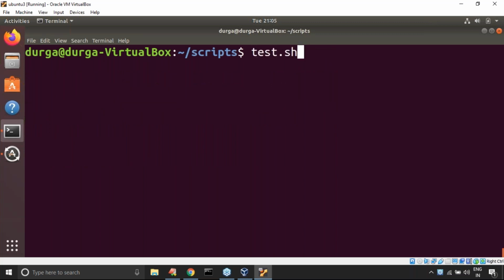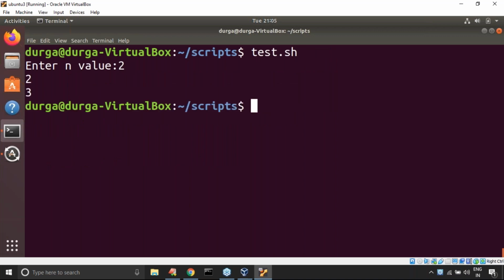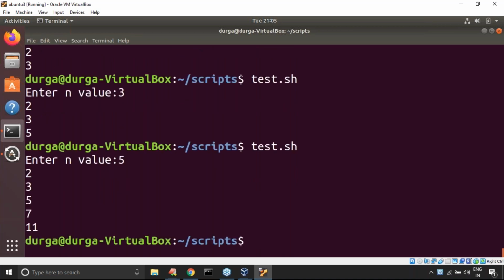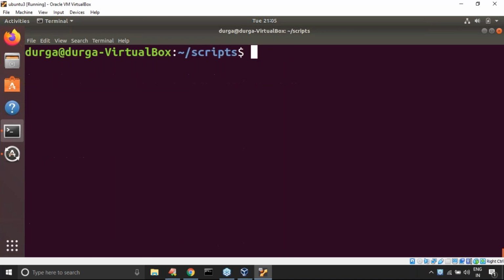Perfect, it's working, sir. Now I want to generate the first 2 prime numbers, 2 and 3. The first 3 prime numbers, 2, 3, 5. The first 5 prime numbers, 2, 3, 5, 7, 11. Now I want to generate the first 25 prime numbers. Sir, how many prime numbers are there which are less than or equal to 100? 25 only.